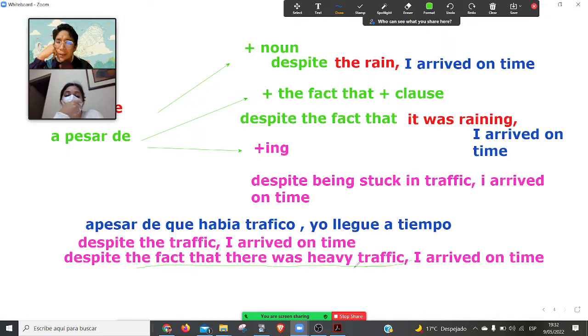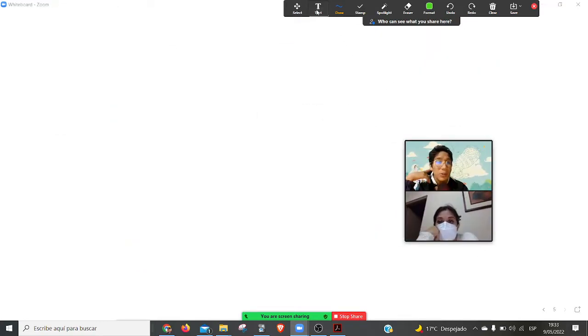El heavy traffic. ¿Y cuál es mi sujeto en la próxima cláusula? I. Cuando yo tenga distintos sujetos, no puedo usarlo. ¿Te acuerdas que lo vimos en los Gerunds? No se podía. Pero ¿qué pasaría acá?